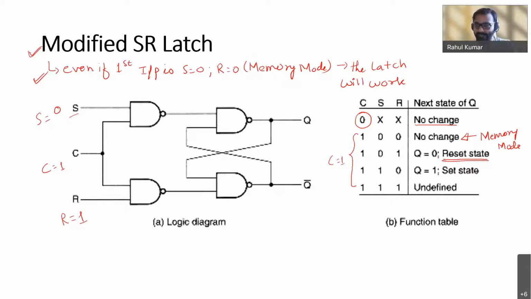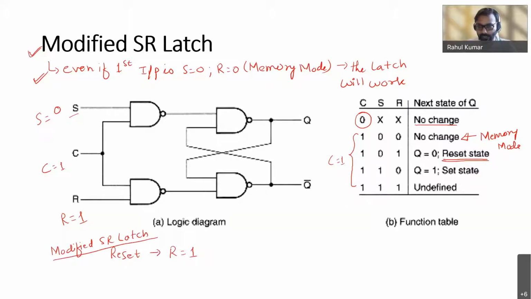In the NAND gate, it was coming out to be the opposite. But now after modifying, your latch will be reset when your R input is 1. Okay, so this is for the modified SR latch.